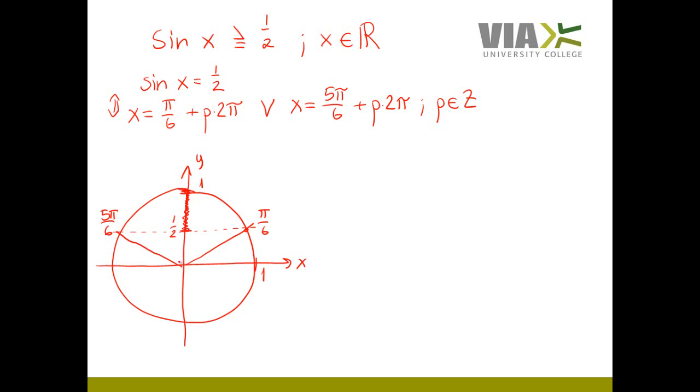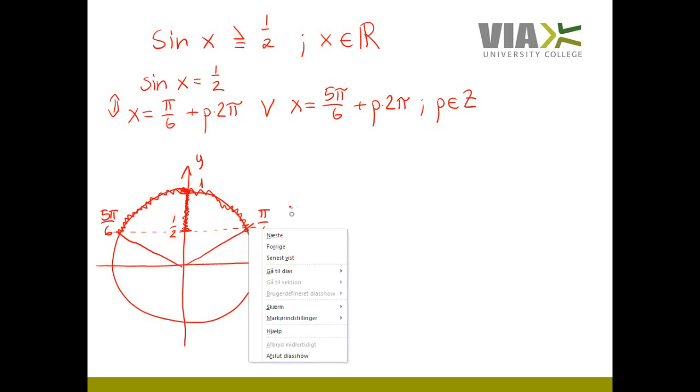If you get angles greater than that, then you will certainly receive a sine value which is smaller than 1 over 2. And so you can also see over here, if you have an angle which is smaller than pi over 6, then the corresponding sine value will be smaller than 1 over 2. So we can actually see that it's all these angles here going from pi over 6 and up to 5 pi over 6, which will give me sine values greater than or equal to 1 over 2.